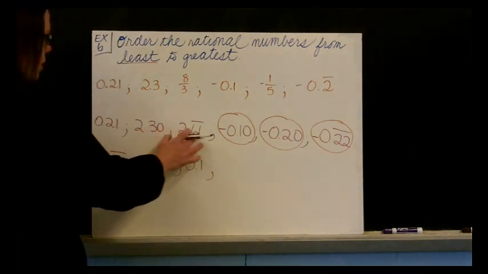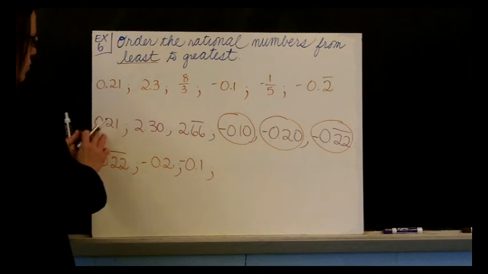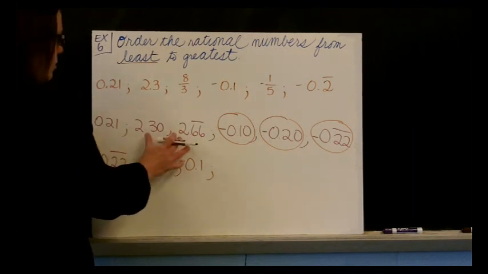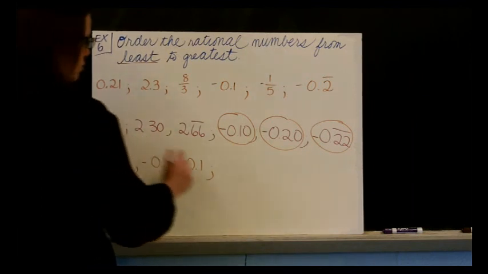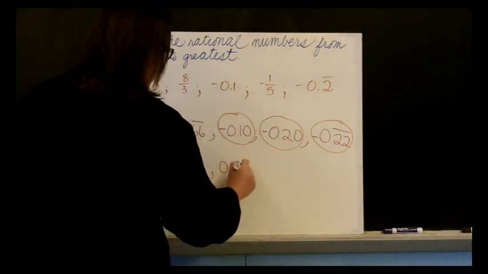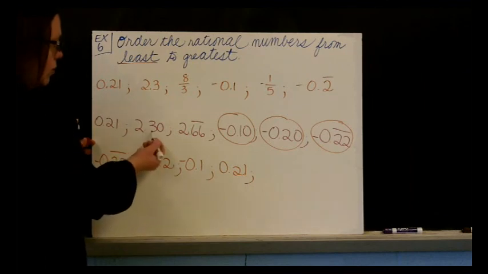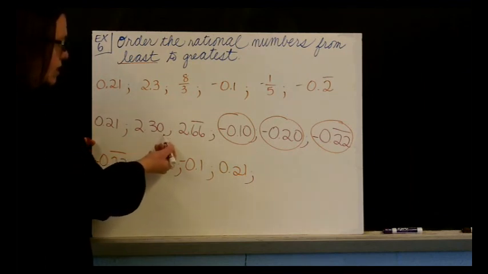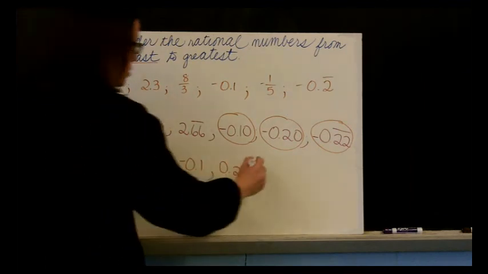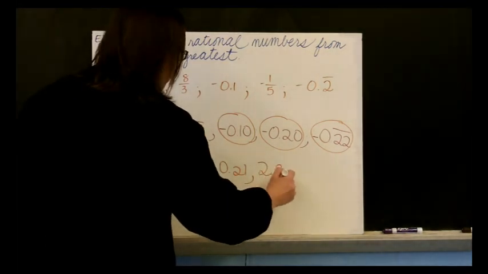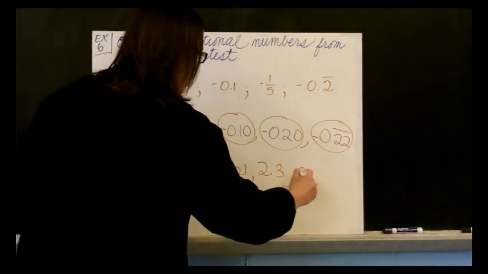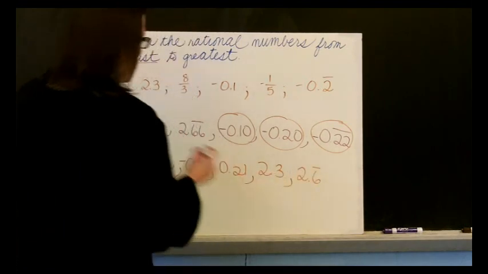Now we have three positive numbers. We have a 0.21 and two numbers that are greater than 2, so we know right away that our 0.21 is the least of those. 30 hundredths is less than 66 hundredths, so our 2.30 comes next, followed by our 2.6 repeated.